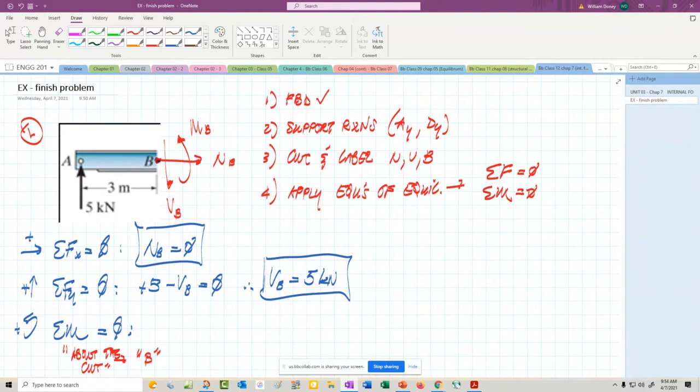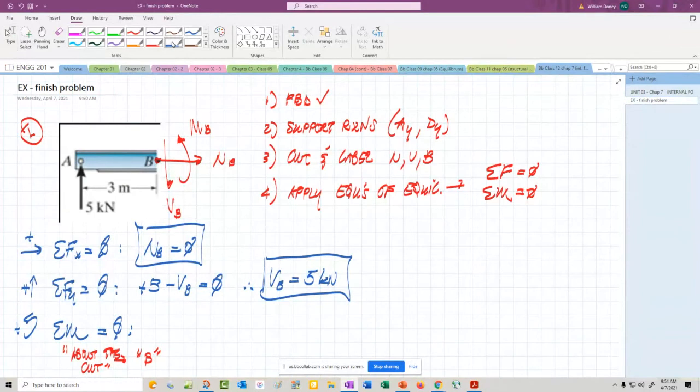That means the normal doesn't cause a moment and the shear force doesn't cause a moment. Now, I could sum moments about A and then use the shear to create a moment, but if I make a mistake in summing forces in the Y, that carries over to summing moments, which doesn't help me out. So we always sum the moment about the cut.